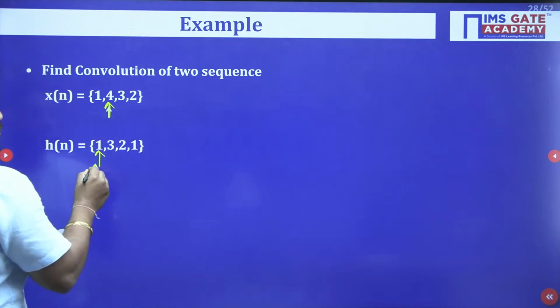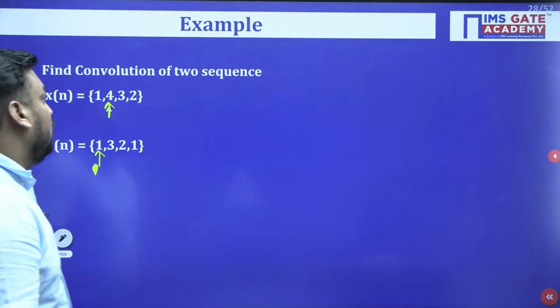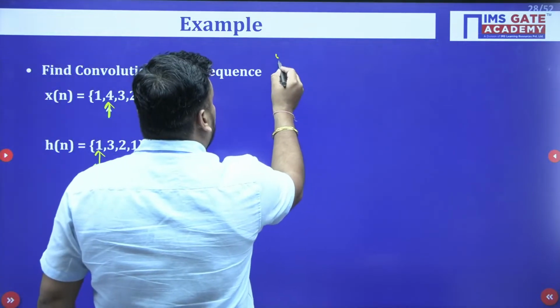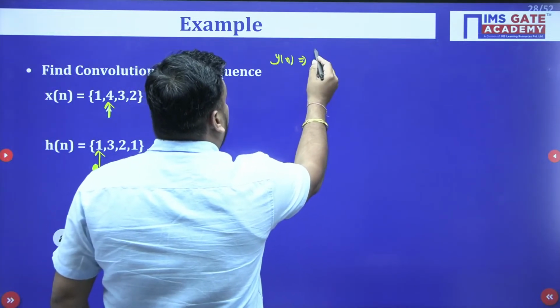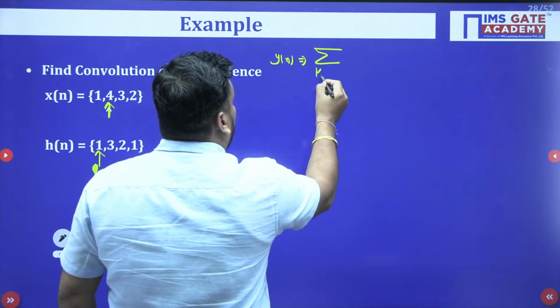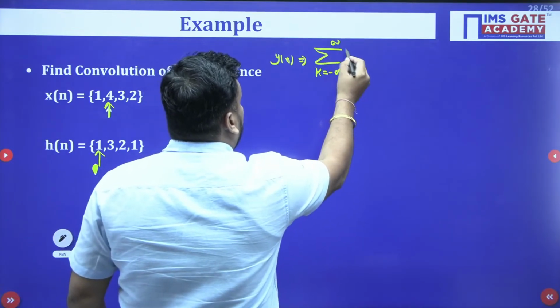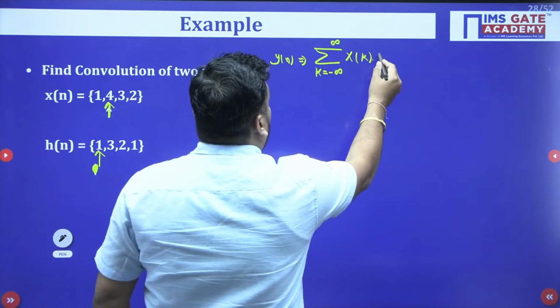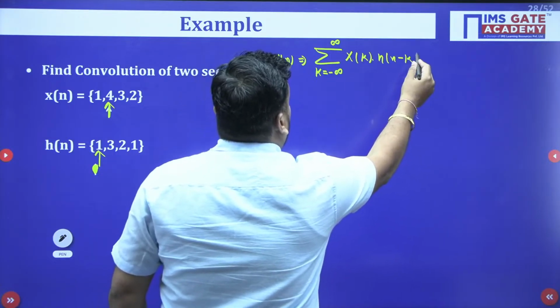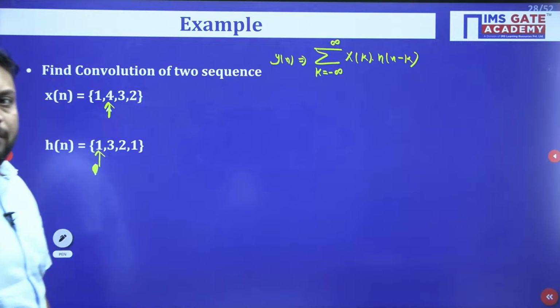When you see here, you will get to know that the y[n] formula is nothing but the sigma of k from minus infinity to infinity of x[k] times h[n minus k].